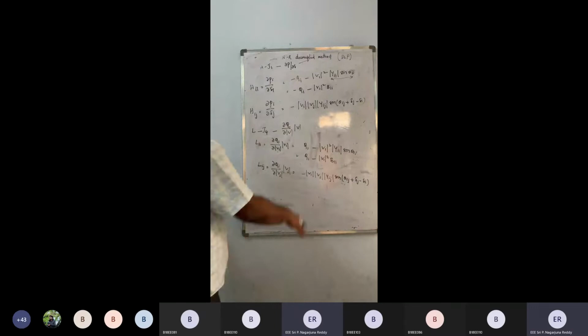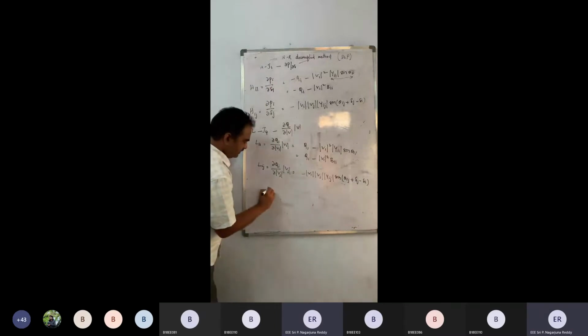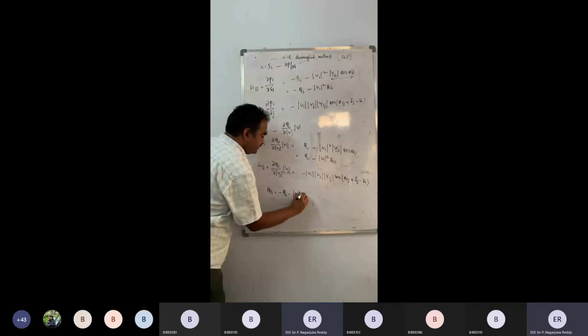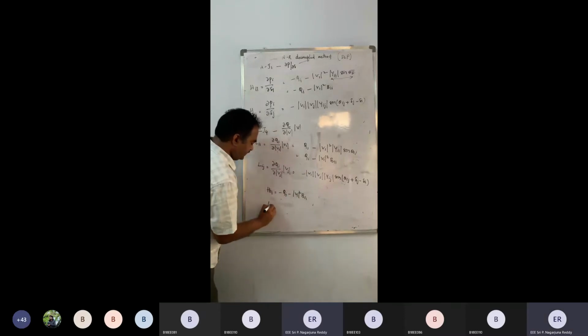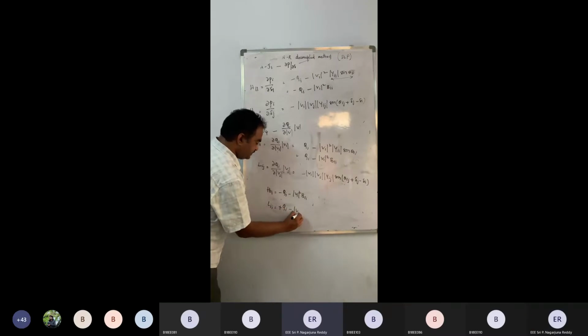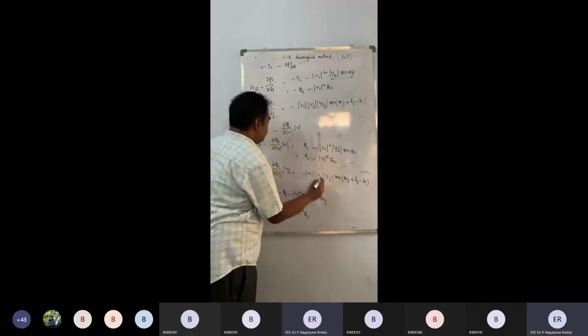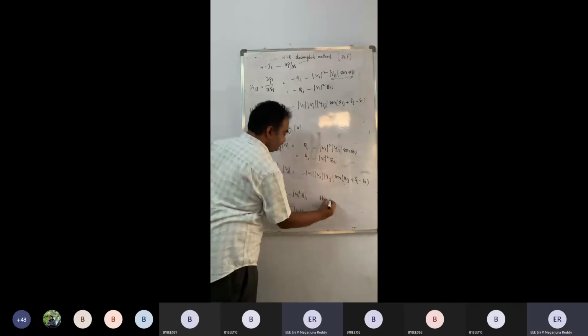Very simple things. If you observe, HII is equal to minus Qi minus Vi square Bii, LII is equal to plus Qi, just only a sign. Whereas HIJ and LIJ, both are the same.